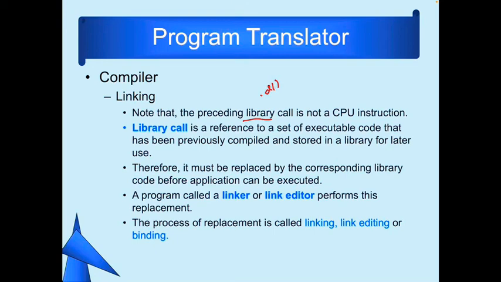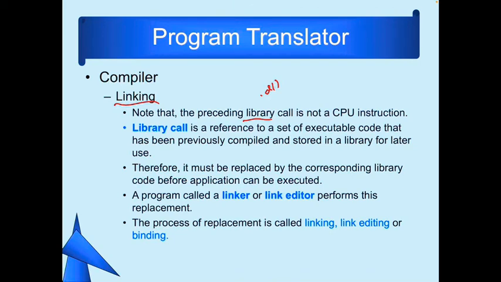For example, the company of the compiler gives you a library. This library can be used, and we need to refer to the documentation on how we can call the library. Calling this library needs the process of linking.